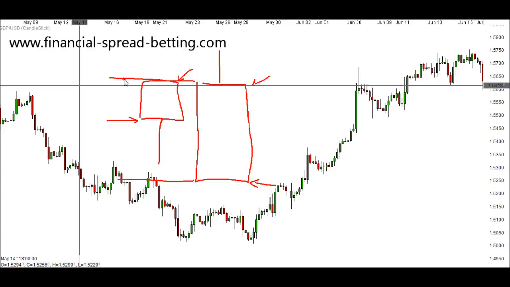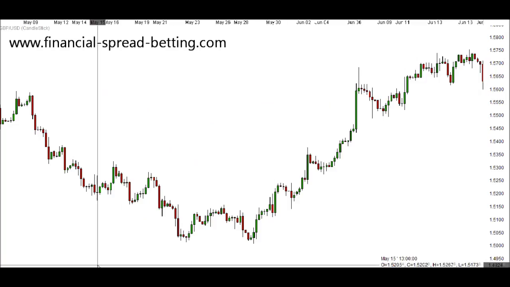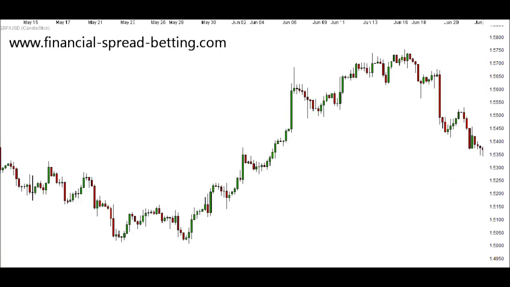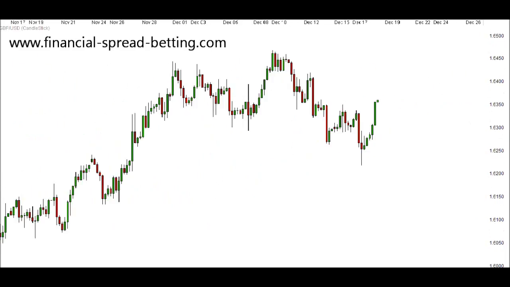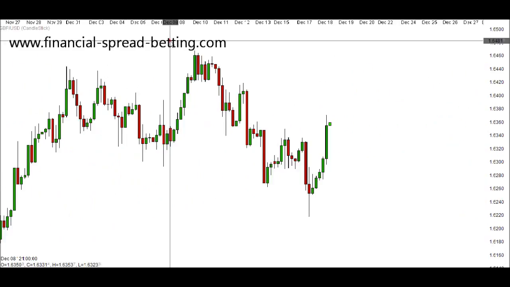So let's look at some examples of engulfing candles on our chart. As in all the videos, this is the pound against the dollar. If we zoom in close, you'll notice here we have a bullish candle, price opened here and closed here, and we have wicks either side. So that's our bullish candle.